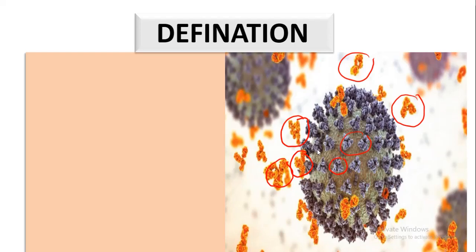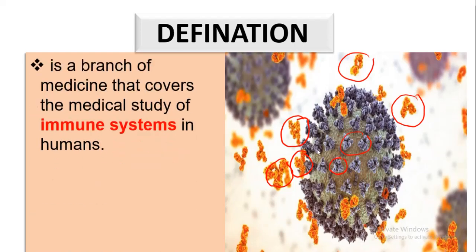So if we were to define immunology from this concept, what are we trying to talk about? Immunology is a branch of medicine that covers the study of the immune system in human beings. Immunology is just trying to explain the immune system of a human being.